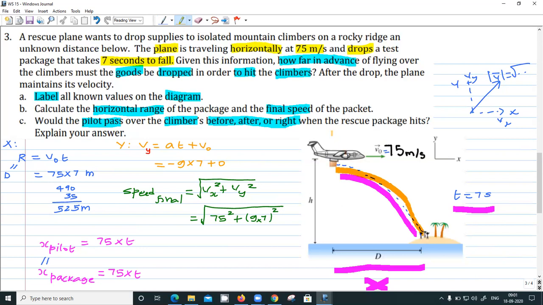During that time the plane would have moved from here to somewhere. So where will the airplane be when the package hits the ground? That's what I will find out. You have to use math.